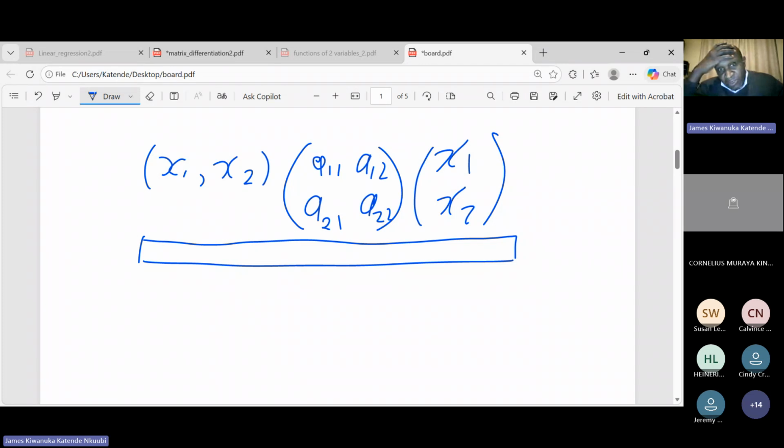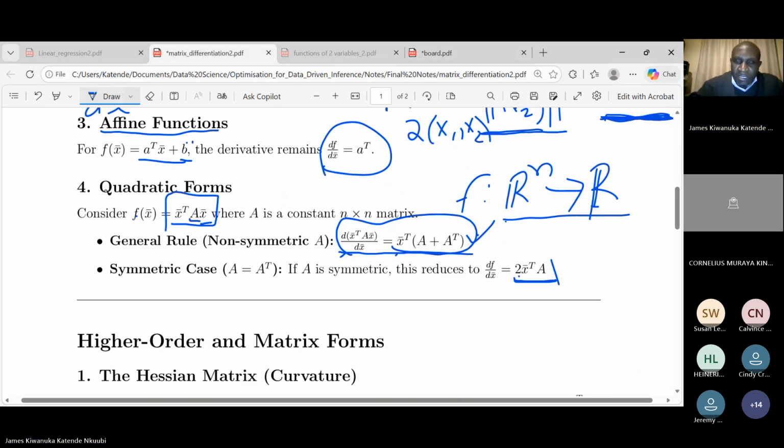Then you can compute the derivatives, and eventually with some manipulation, you will see that this is what you get. Now the next is just a corollary. If it's a symmetric matrix, A and A transpose are equal, so you have twice A in the derivative.